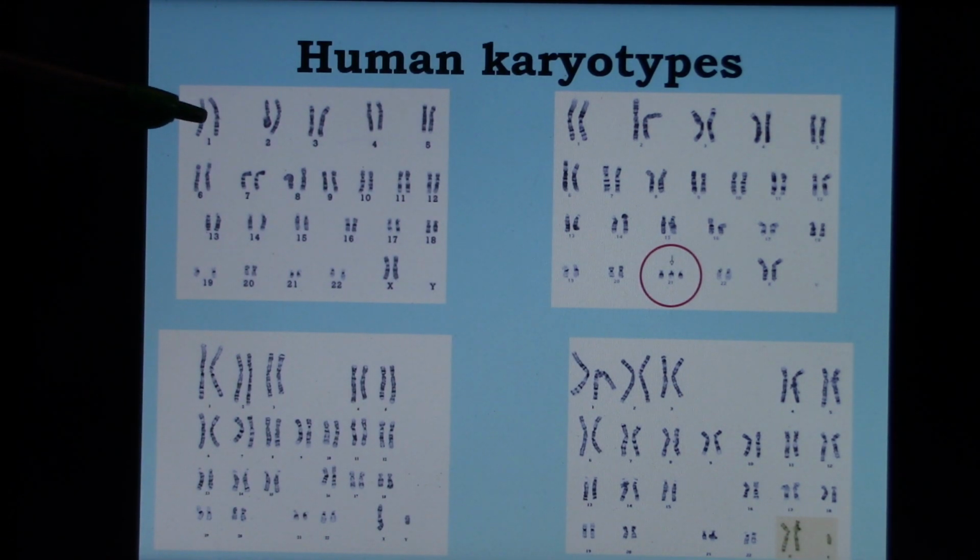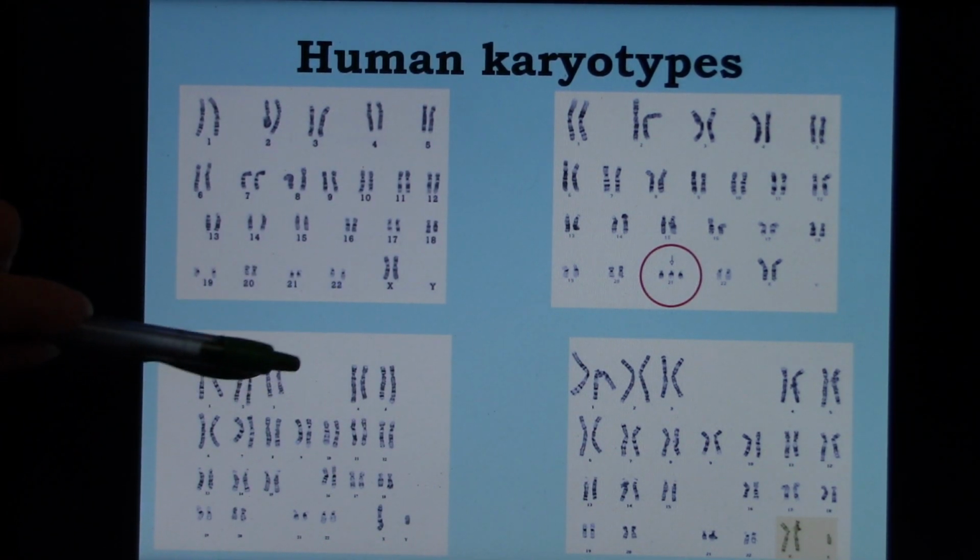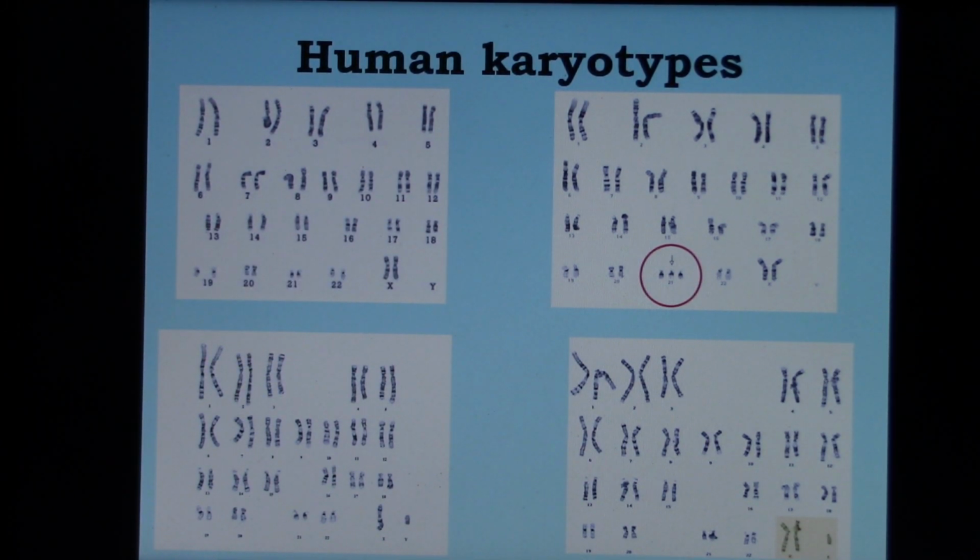There are 23 pairs of chromosomes. You can count them if you don't believe me. 2 1s, 2 2s, 2 3s, all the way down to 2 22s, and then 2 X chromosomes. Okay, so this could be my karyotype, for example. It's not, but it could be.